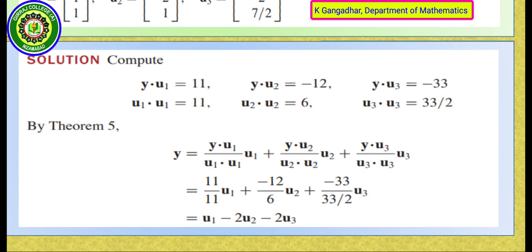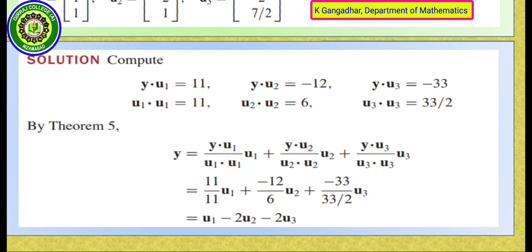Using the linear combination definition, y equals y dot u1 by u1 dot u1 into u1 plus y dot u2 by u2 dot u2 into u2 plus y dot u3 by u3 dot u3 into u3.